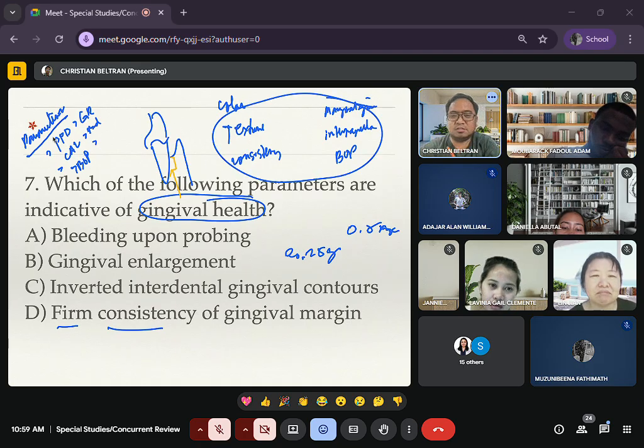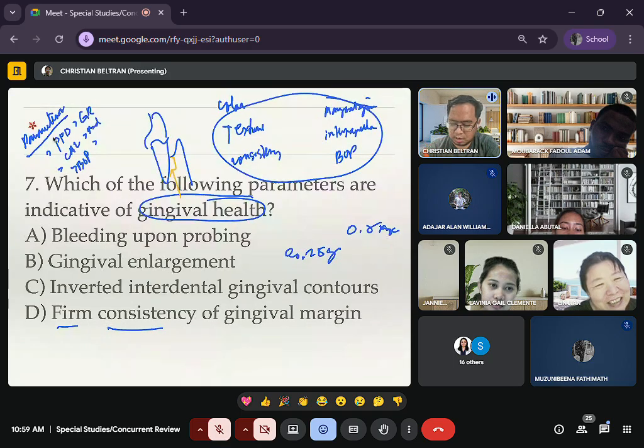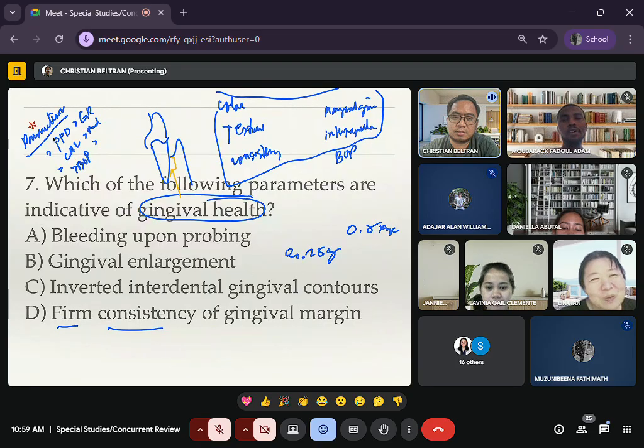What's this? How do you assess this one? Color, texture, consistency. Those can be assessed through what examination? Visual examination.